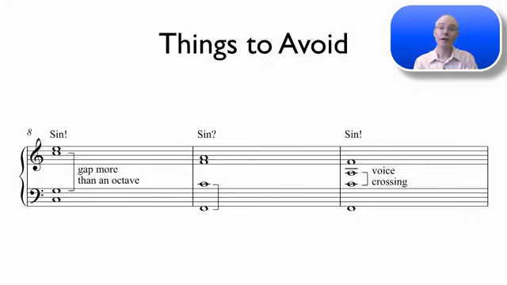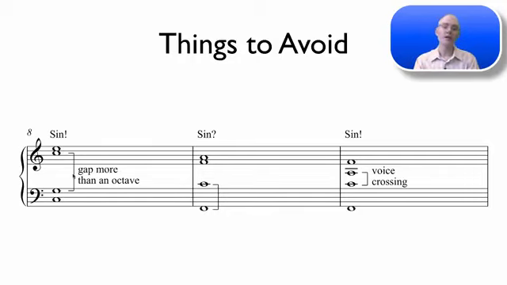Let's move on and talk about things to avoid. There are probably many things to avoid, but let's look at two very important ones. Put down here that this is a sin. Why? It's a sin. You should avoid it. As I said before, when we looked at the top three voices in the previous examples, we saw that you could have a fifth or a sixth between two voices, but you never went more than an octave.